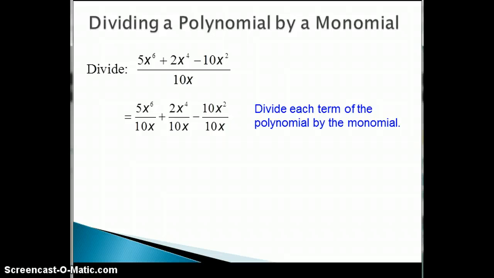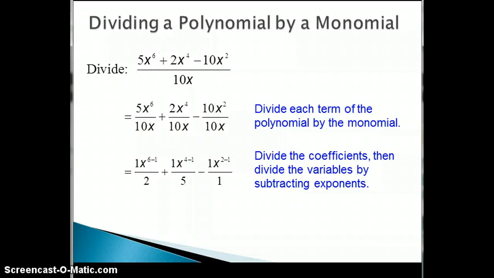Then now we just have 3 situations of a monomial divided by a monomial. So we simplify each term using those skills that we just learned, where we reduce the fraction of the coefficients. So 5 divided by 10 reduces to 1 over 2. And then we subtract the exponents on the x to get x to the 6 minus 1 on the top.